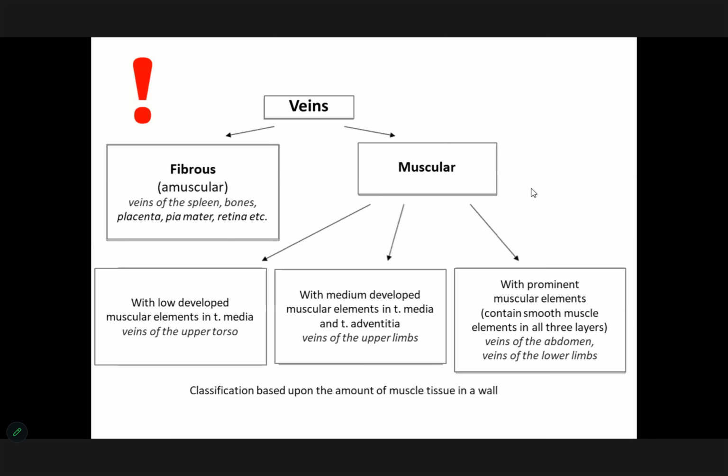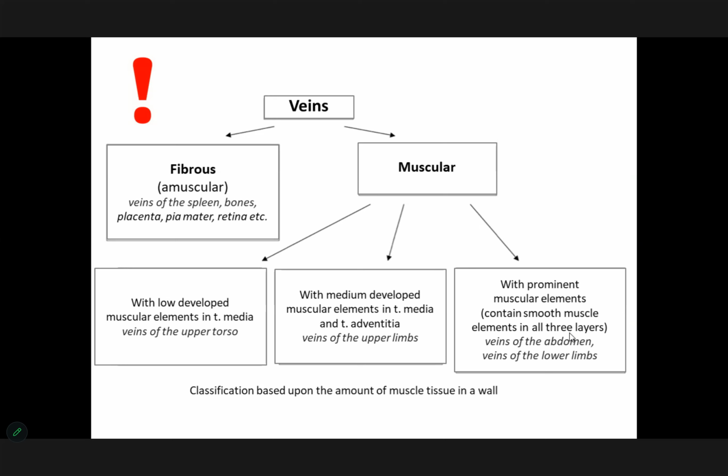All other veins are of muscular type, and they are subdivided into 3 subtypes based, again, upon the amount of muscle tissue, with low, medium, or highly developed muscular tissue. Muscular veins with prominent muscular elements are located in the lower part of our body because they should provide blood flow towards the heart from the lower parts of our body.